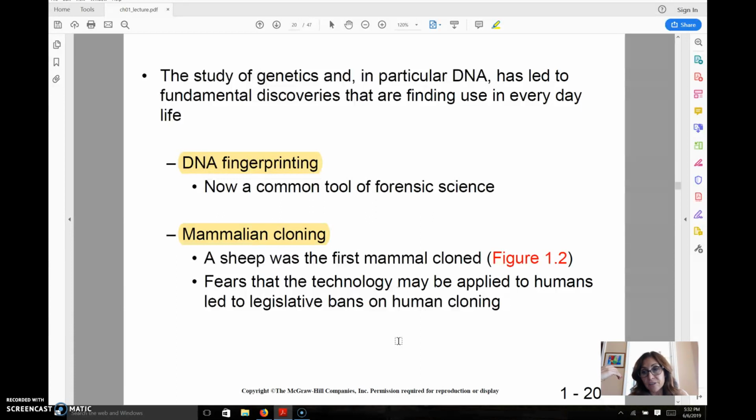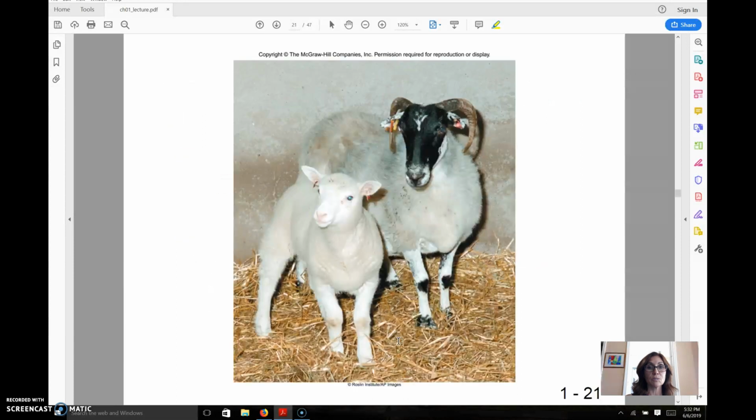The cool thing about this is if you could make this work, you could, in theory, let's say, culture cells to generate cells to help somebody who's, let's say, had a massive burn. You could grow new cells and the person wouldn't reject that tissue. The fear is that humans would be able to clone other humans. And so this has led to a lot of political debates and philosophical debates regarding whether or not DNA science should be able to clone organisms, especially humans.